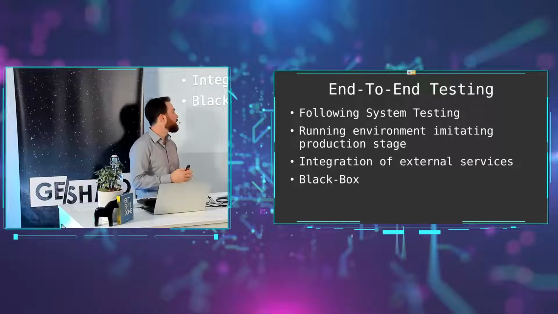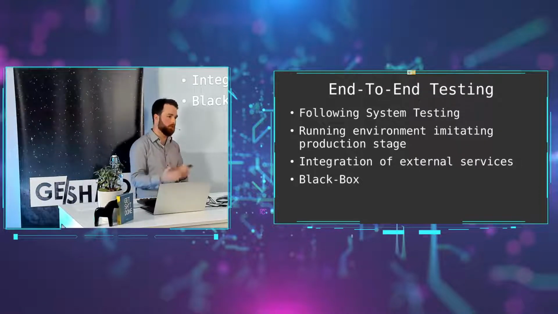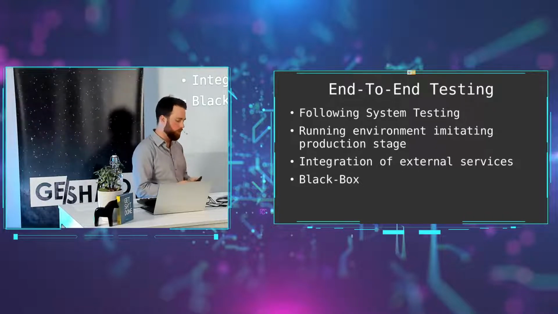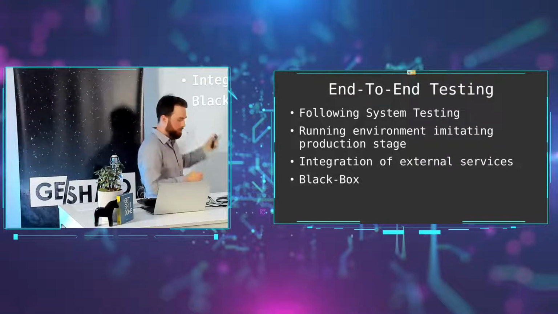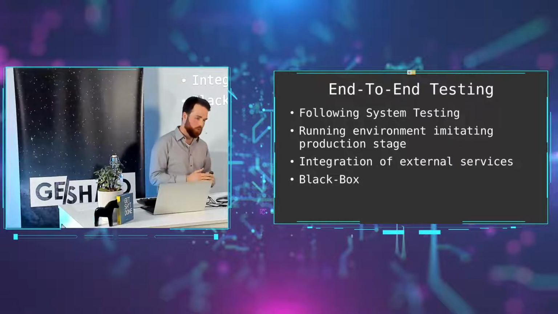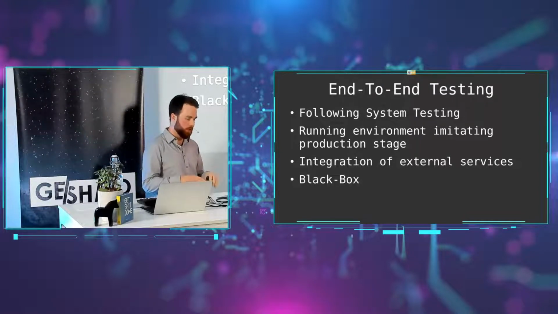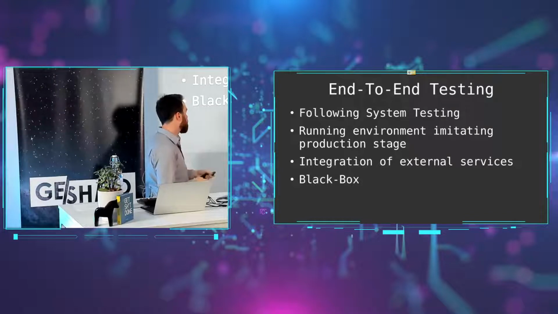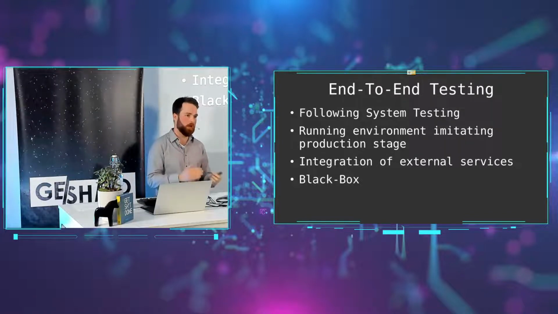So having the exact same environment as we would have in production, and therefore also test integration of external services, so any APIs or other services that we call within our application, which are not tested in the other workflows. And as I said, black box testing refers to having no knowledge of the integral structure of the application, but just testing based on the business specifications that we have for our project.